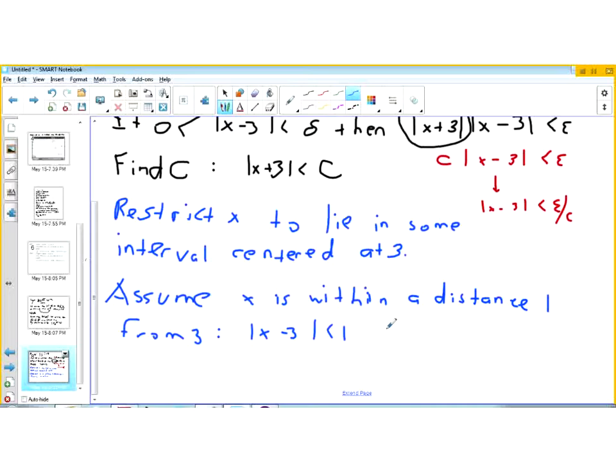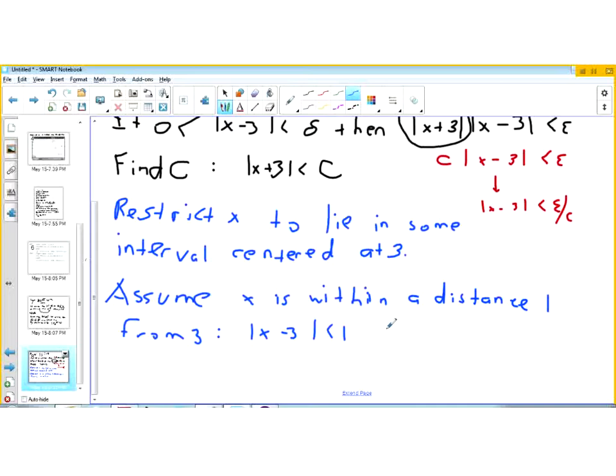And if we make that assumption, then we'll have this. So if x is within a distance 1 of 3, we have this. And look, if we just make this assumption, we have a choice for delta. So there's your choice for delta. Delta's 1. Make delta 1.